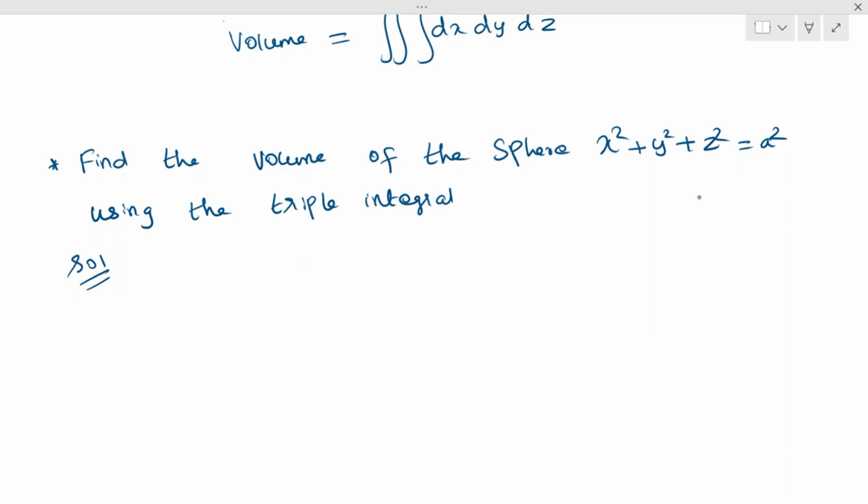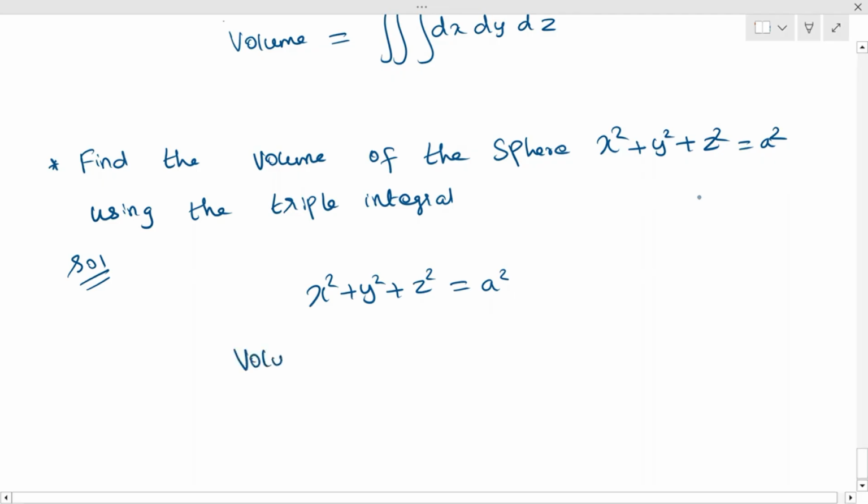See here the given sphere equation x square plus y square plus z square equal to a square. Since this sphere is symmetrical about the coordinate planes, the volume of the sphere is 8 times the volume of the first octant.